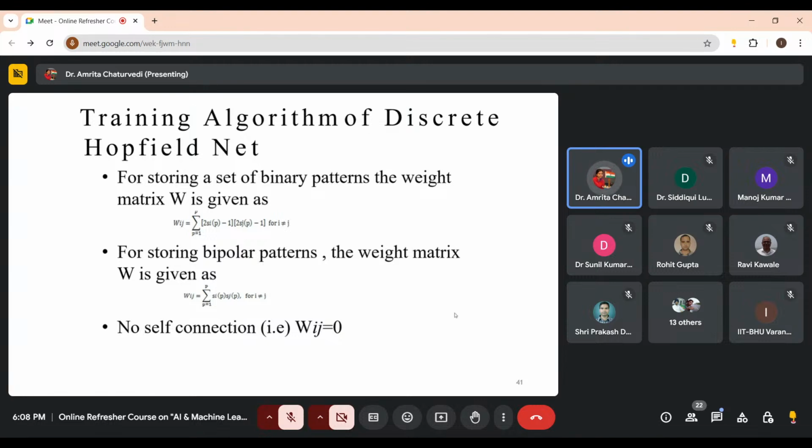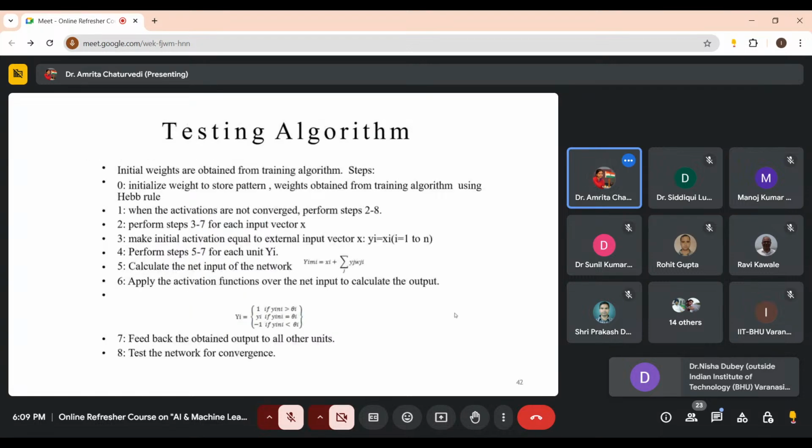For storing bipolar patterns, we will not be doing multiplication by 2. We will be simply taking the product of the input and the output. So Wij = Σ from p = 1 to P of Si(p)Sj(p), and self connections are not there, so Wij is 0 when i = j. Now let us test this algorithm.